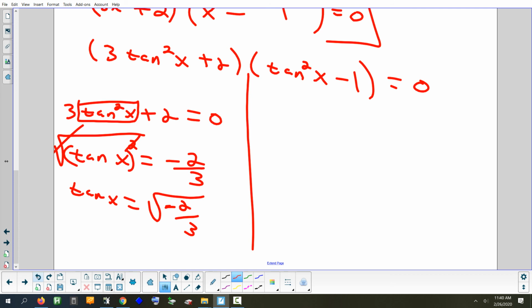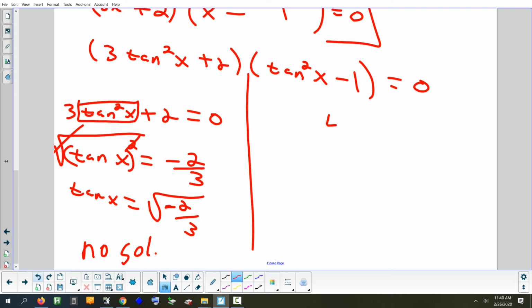Yeah? That's the square root of a negative number. That's imaginary. So from this part, there's no solution. You can't take the square root of a negative number. Had this factored as like a minus 2 instead of a plus 2, then you would have been good. But that's not how I factored. So we don't have to worry about that whole part.